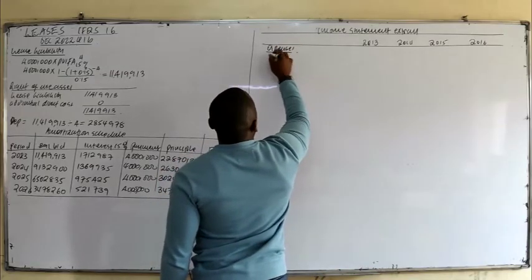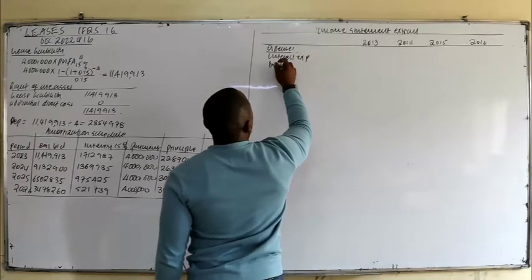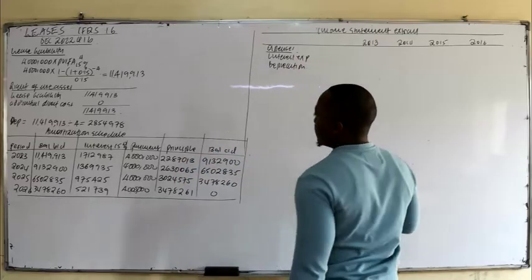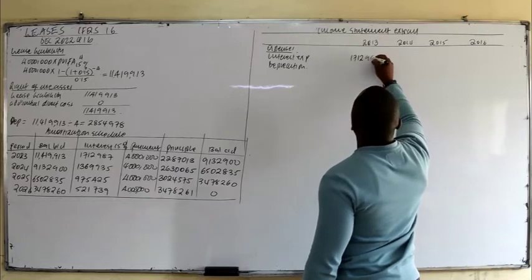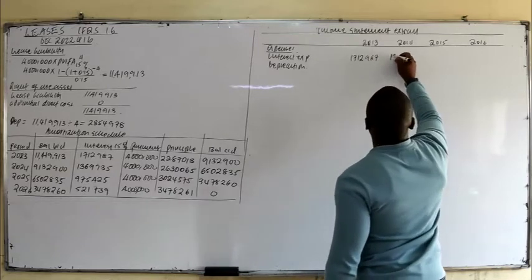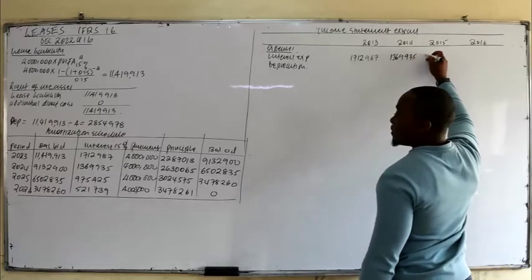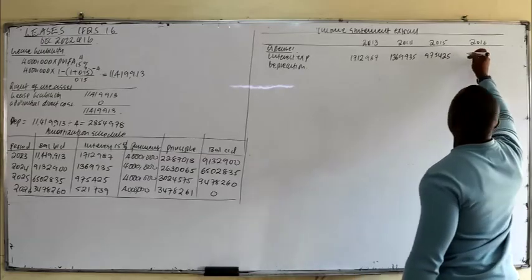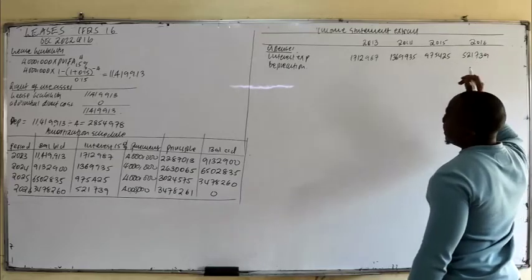For the expenses, we have the interest expense and then depreciation. For the interest expense, we have 1,712,987, 1,369,935, 975,425, and 521,739.